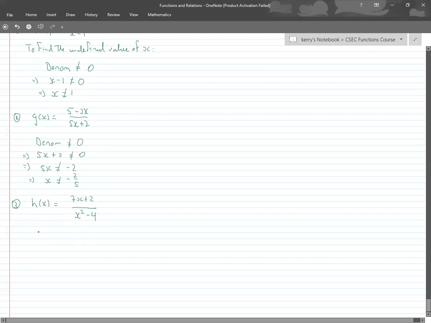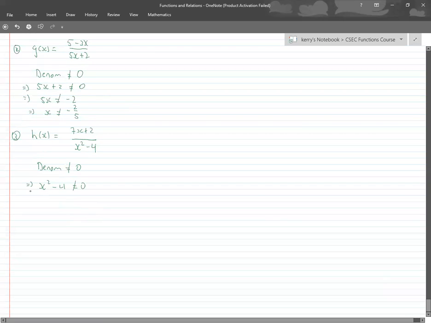So remember, the denominator cannot be equal to 0. This tells us that x squared minus 4 cannot be equal to 0. If we take away 4, we have to add 4 to both sides. So it becomes x squared cannot be equal to 4.